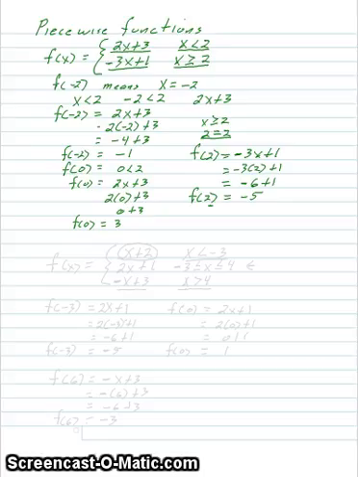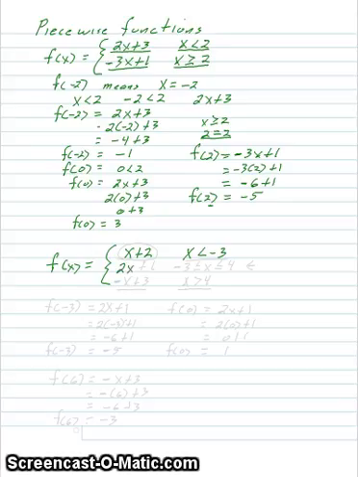Here's another example. f of x equals x plus 2 defined on the interval of x less than negative 3, which means that we can only evaluate x plus 2 for numbers less than negative 3.